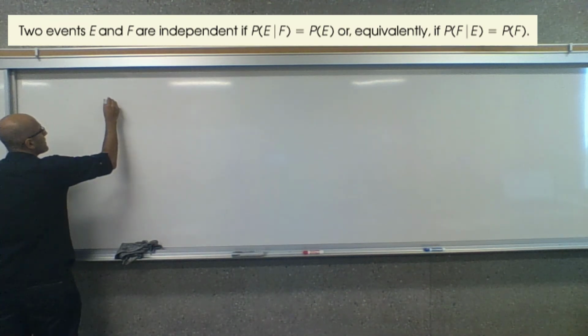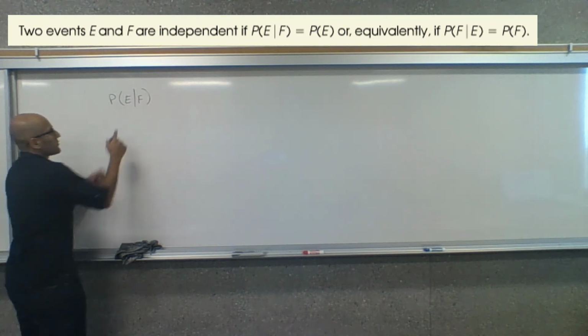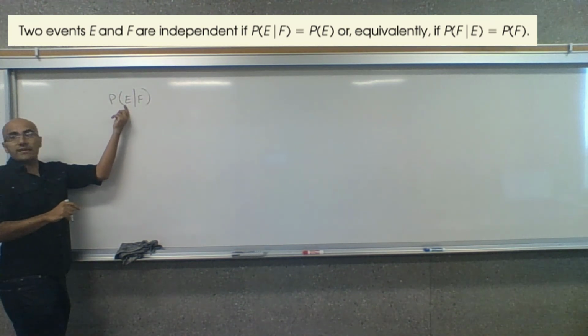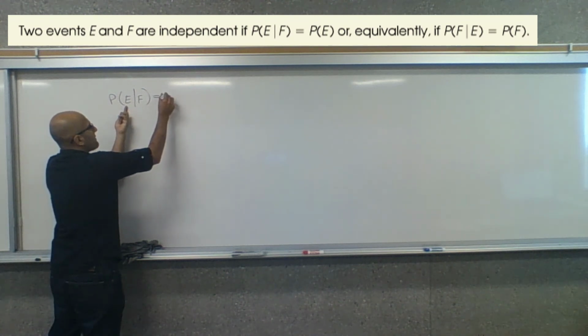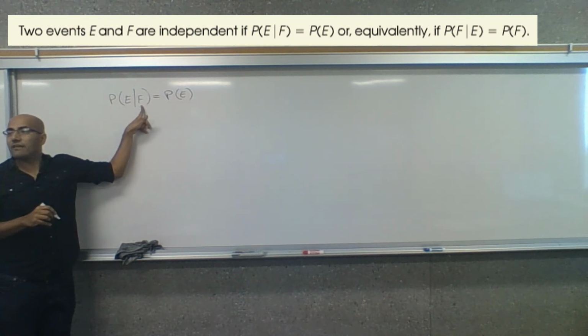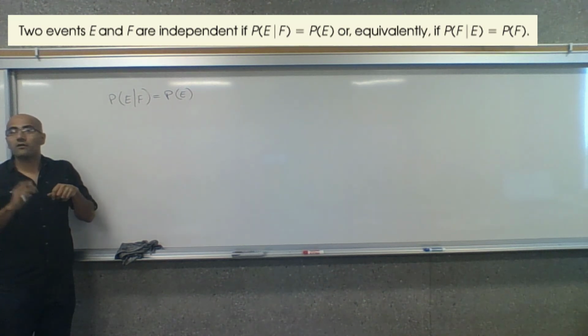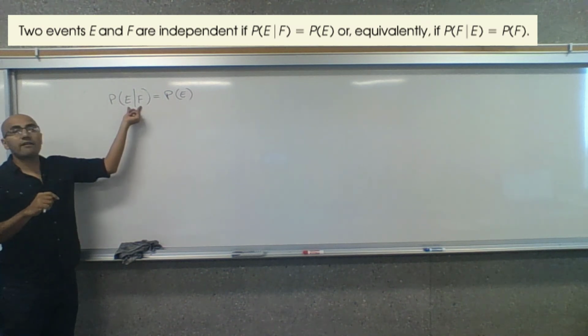So the test says that if you're trying to find the probability of E given F, but it turns out that this is just equal to the probability of E, the fact that you have the information of F made no difference, then that means that E and F are independent. It did not affect it.